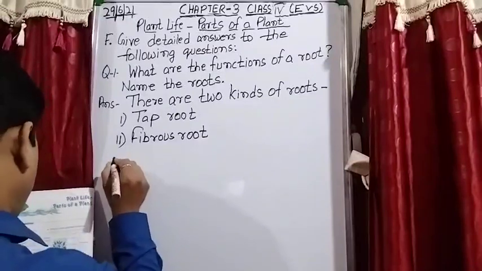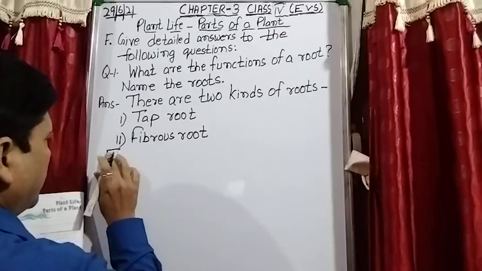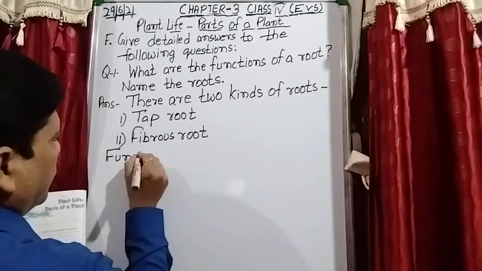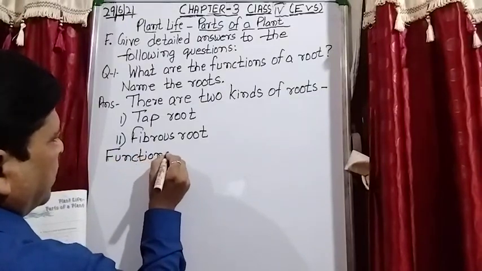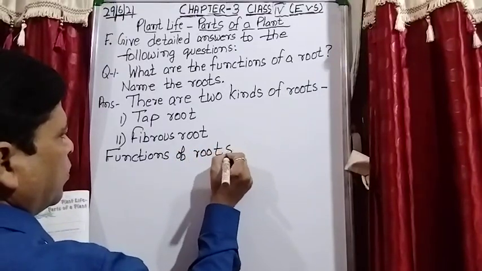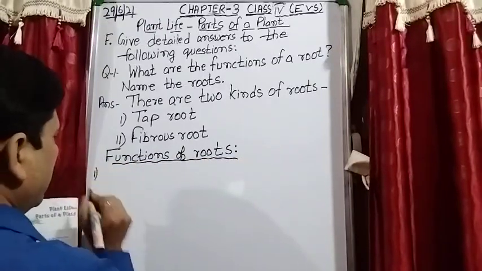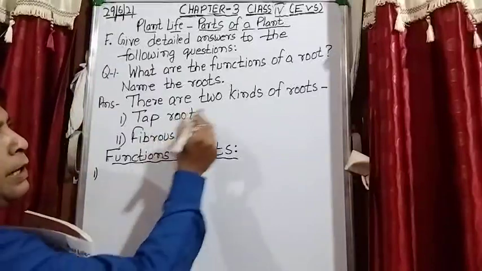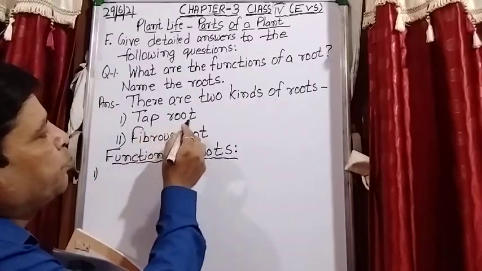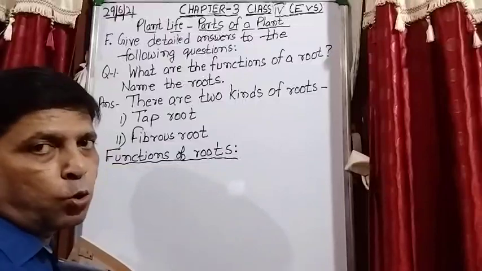Is it clear? Now after this we will write functions of roots. After that, there are two kinds of root, tap root, fibrous root, and from the book you draw the diagram of a tap root and fibrous root. Is it clear? Next we will write function of roots.